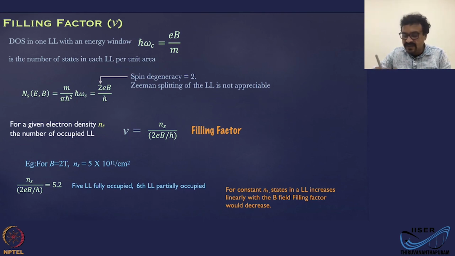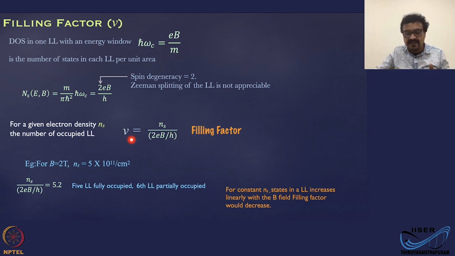So we can also say that the filling factor is inversely proportional to the magnetic field. This is also easy to see because when you increase the field, the Landau level area will increase, I mean the number of states in that Landau level also will increase.